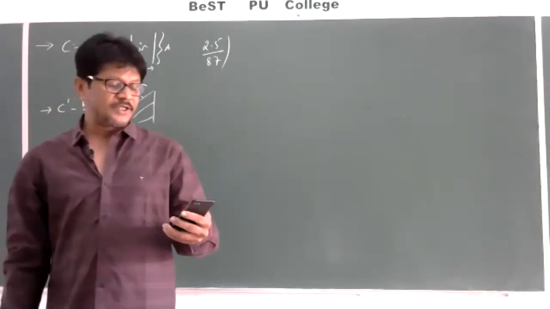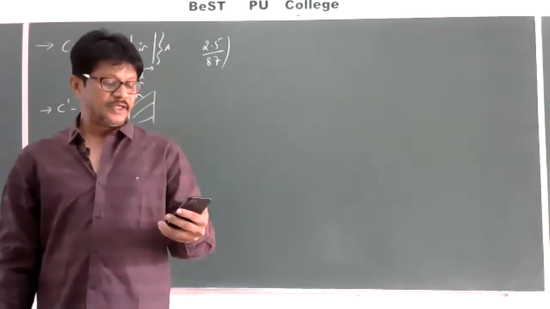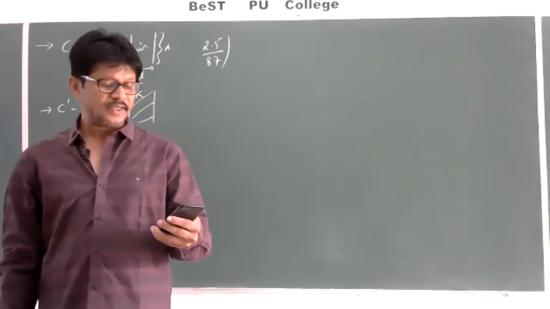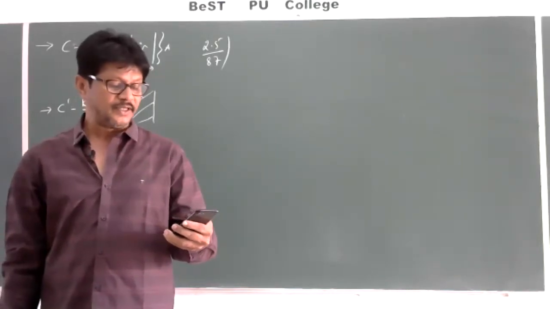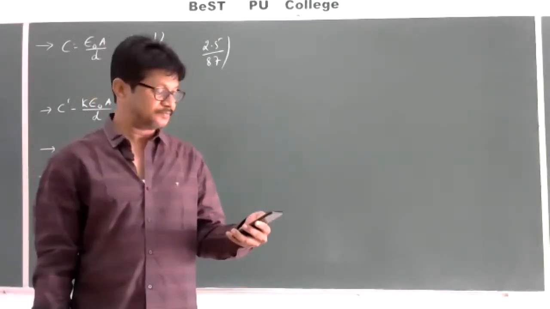So what is given is a parallel plate capacitor with air between the plates has a capacitance of 8 picofarad.